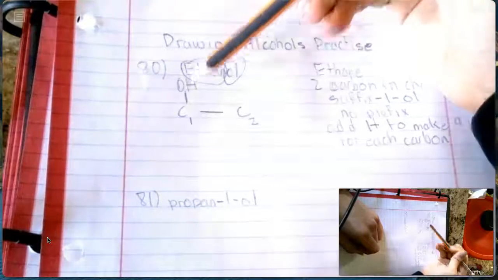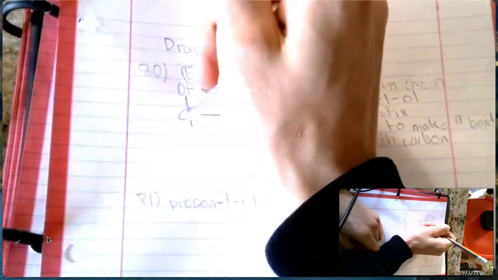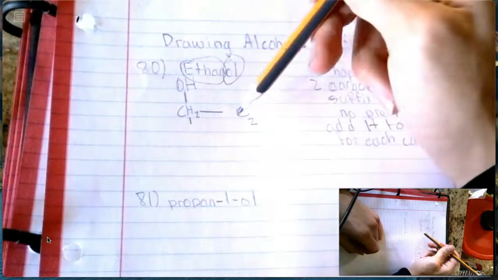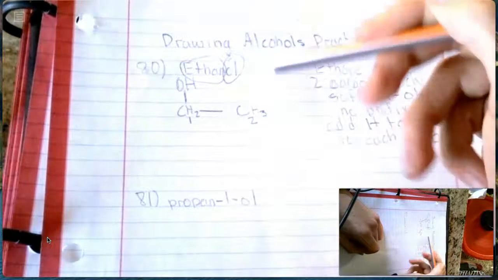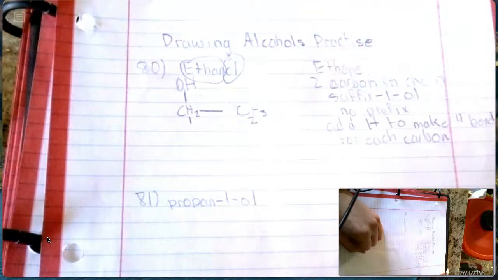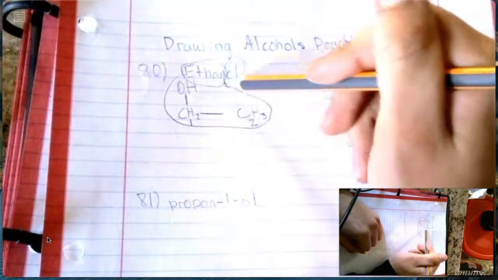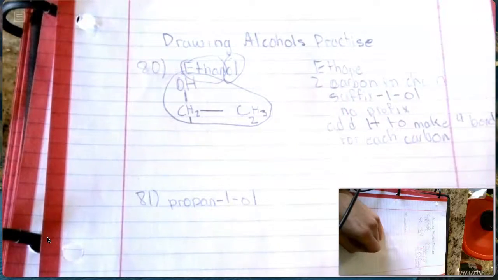Since the first carbon already has 2 bonds, that means 2 hydrogens will go along with it. So now it does have 4 bonds. The second carbon only has 1 bond, so it will need 3 hydrogens to make it have 4 bonds. And this right here is your final alcohol or product, which is ethanol.